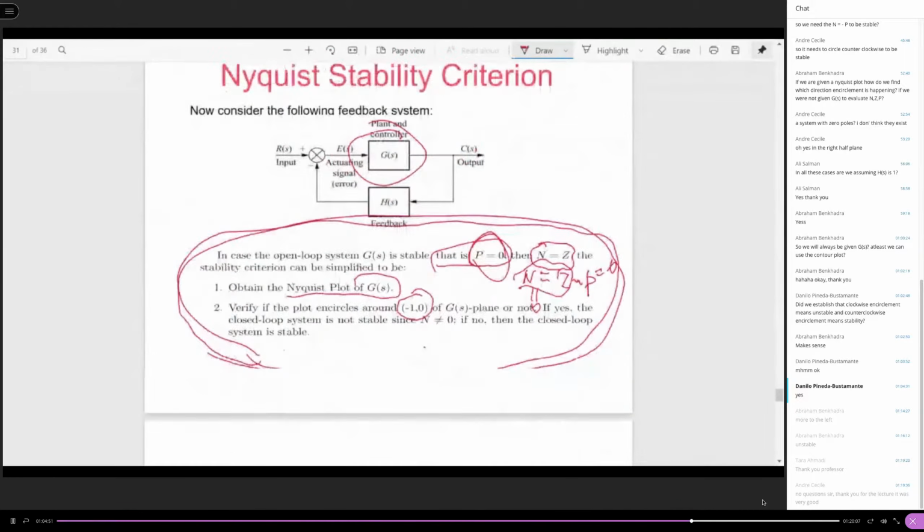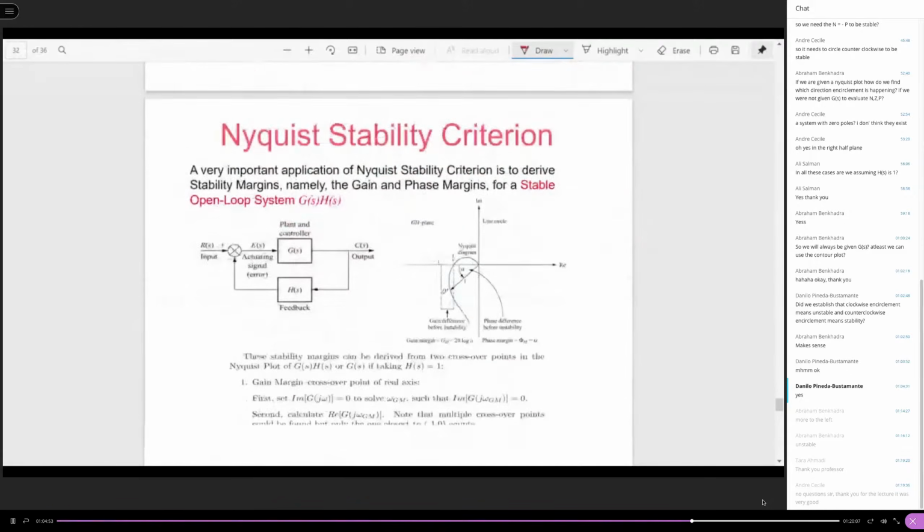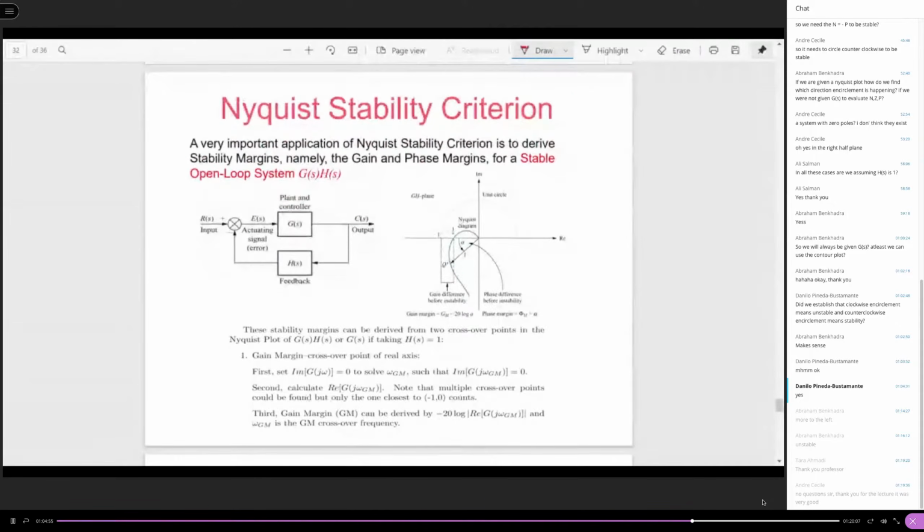The good thing about this Nyquist stability criterion is that it not only allows us to tell the closed loop system stability, but it also gives us a way to define the so-called stability margin.